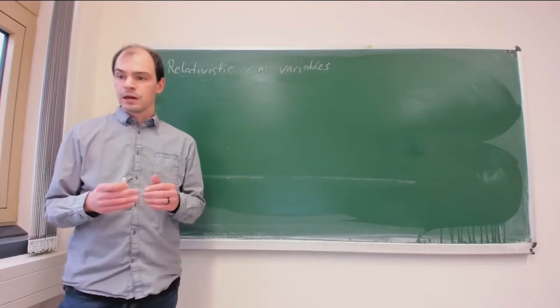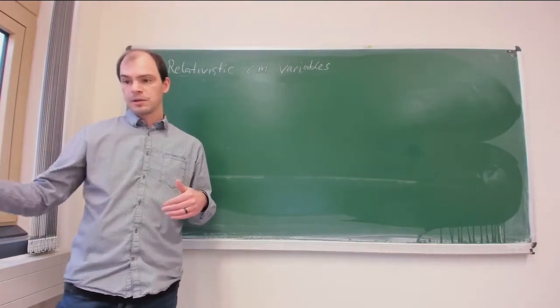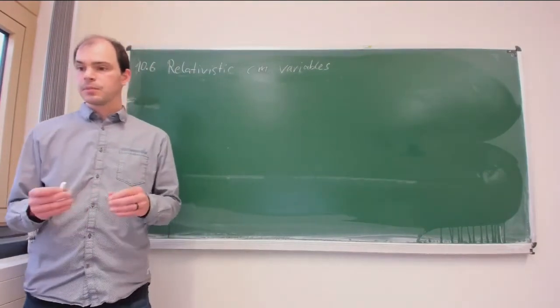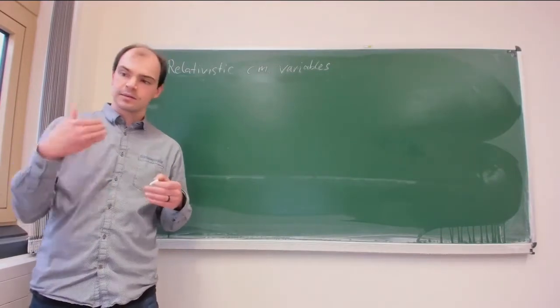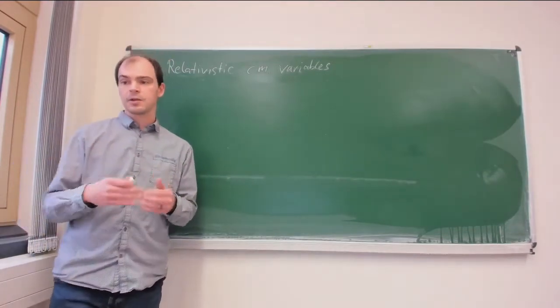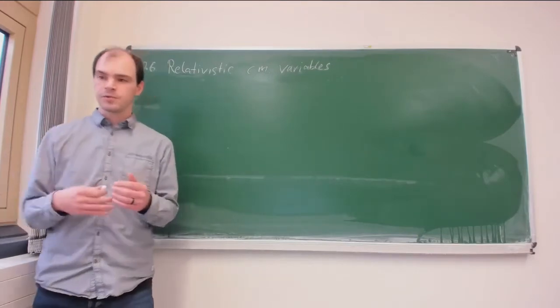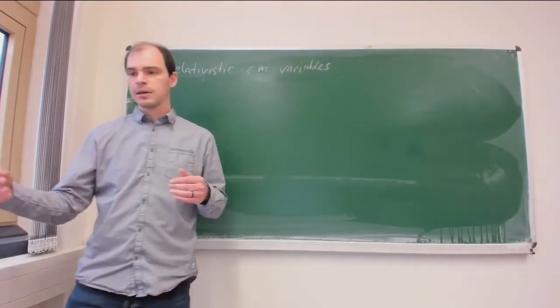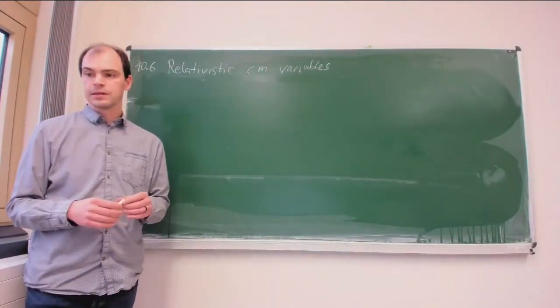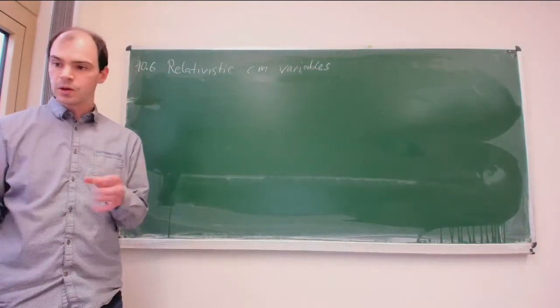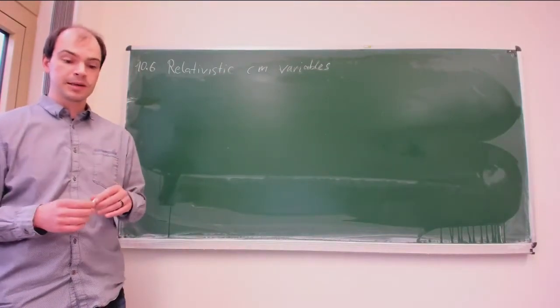So if you transform from one frame to another, it doesn't matter if you calculate the motion of the center of mass and transform it to another frame, or if you go to another frame with the particle coordinates and calculate the center of mass in this frame, you always will end up with the same center of mass.